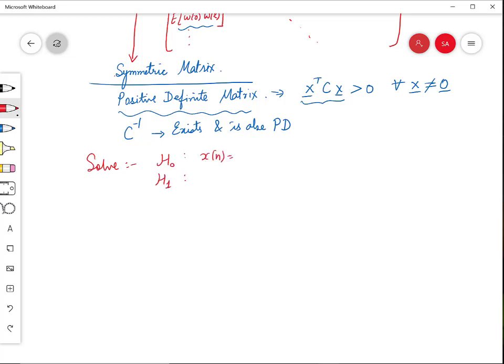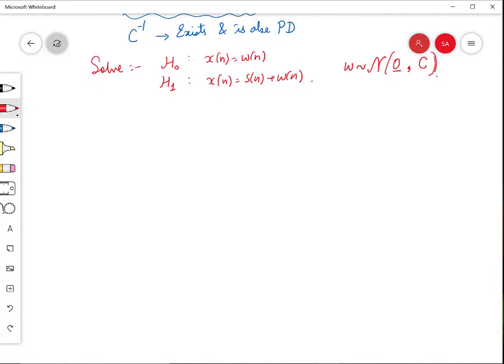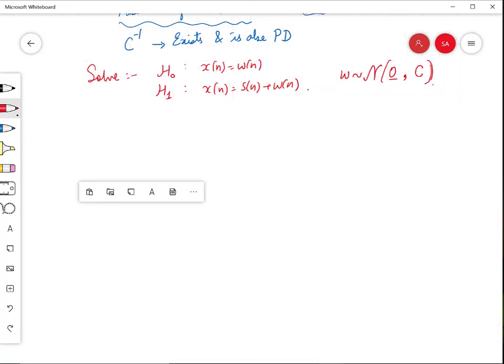Again, H0: xn is Wn, and H1: xn is Sn plus Wn, where now the noise is a zero mean Gaussian with a covariance matrix C that is provided to us. Now, how do we do the detection?